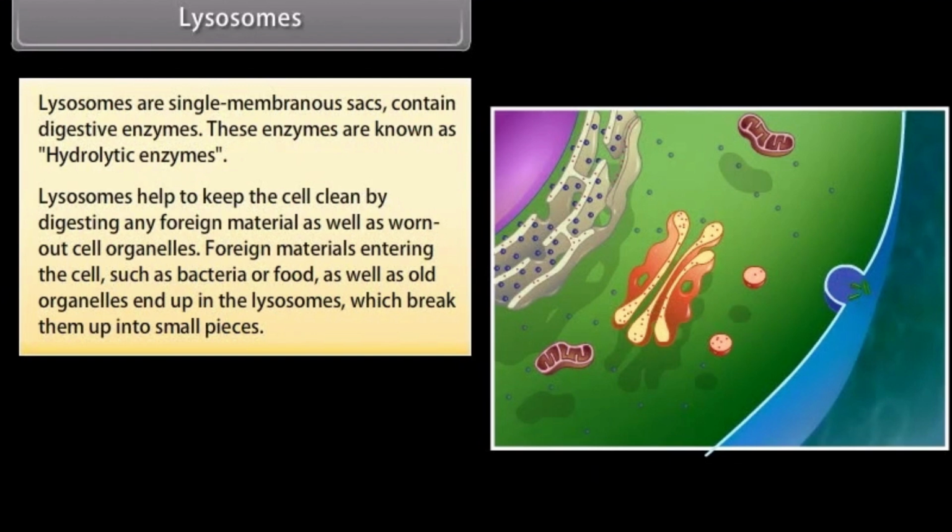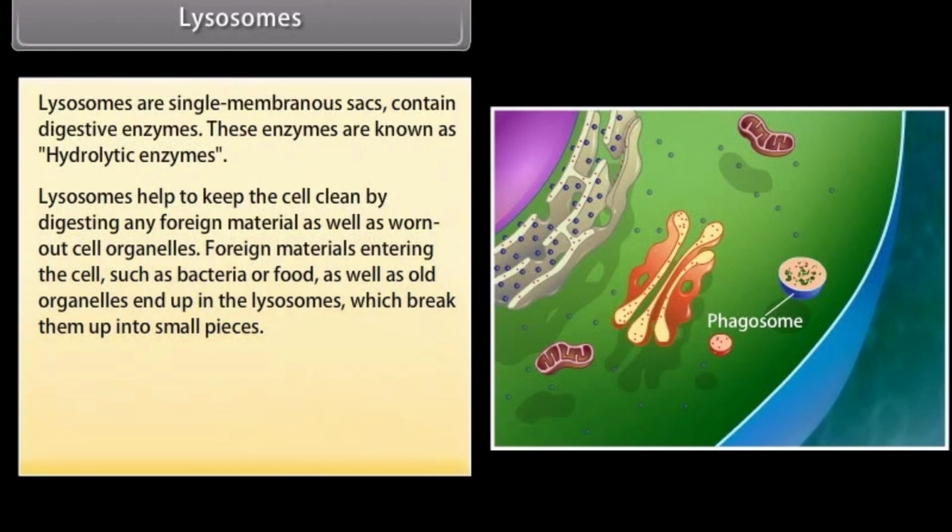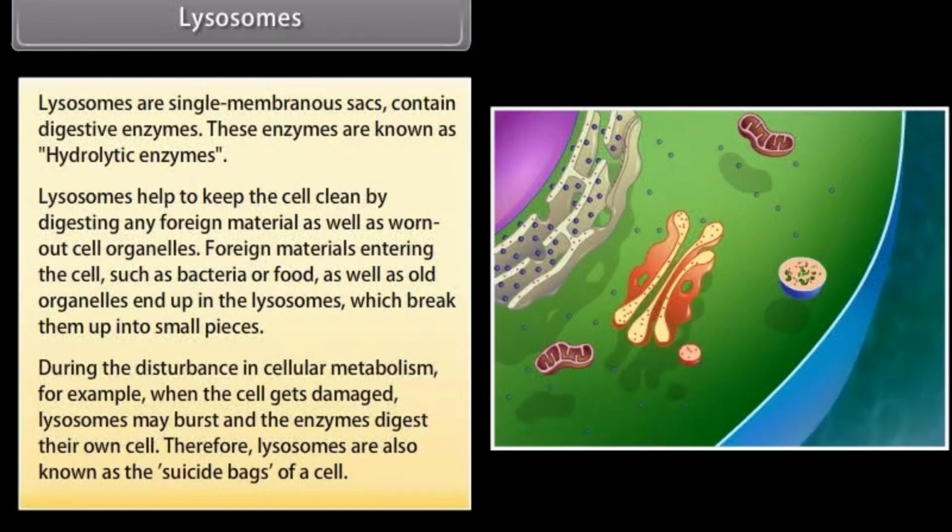Foreign materials entering the cell, such as bacteria or food, as well as old organelles, end up in the lysosomes, which break them up into small pieces. During a disturbance in cellular metabolism, for example when the cell gets damaged, lysosomes may burst and the enzymes digest their own cell. Therefore, lysosomes are also known as the suicide bags of a cell.